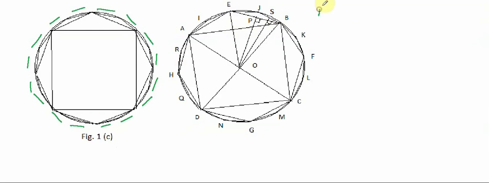Area of the 16 gon will be 16 multiplied by a triangle like triangle JOB, so 16 multiplied by the area of a single triangle, and the area of that triangle can be found by finding this base and this height.